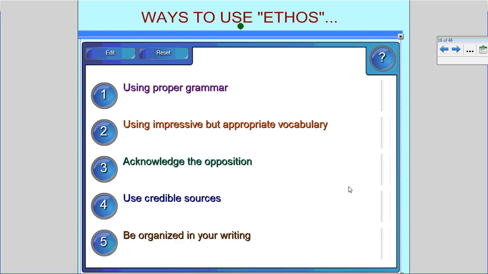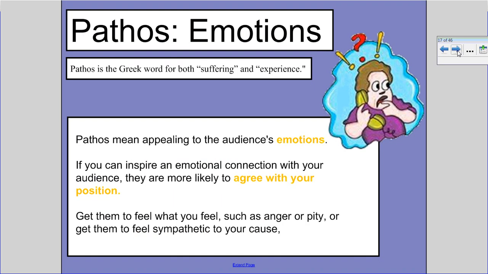And then also you need to be organized in your writing. Be sure that you are following the format that I gave you to organize your writing, as that will make you more credible.